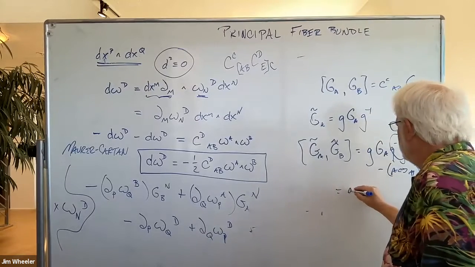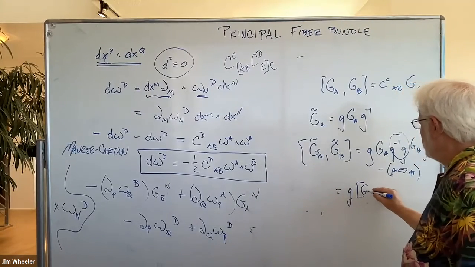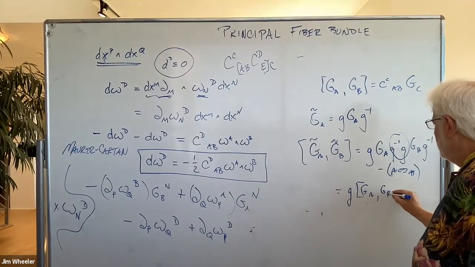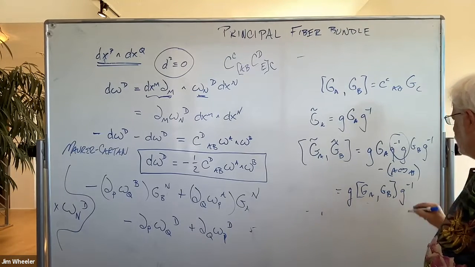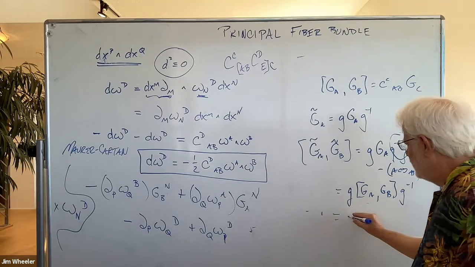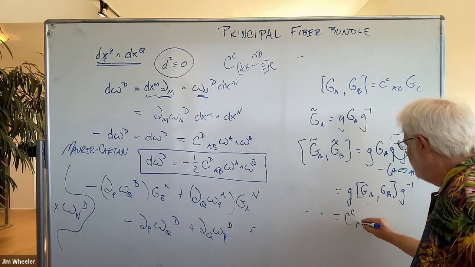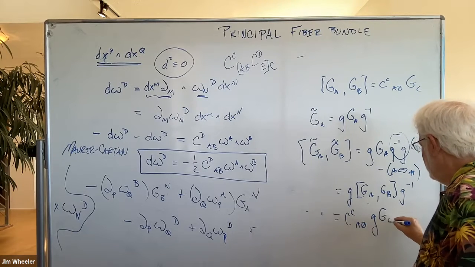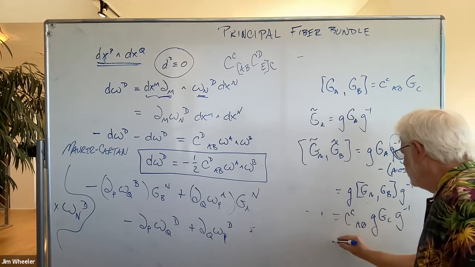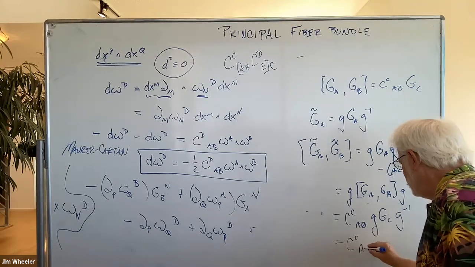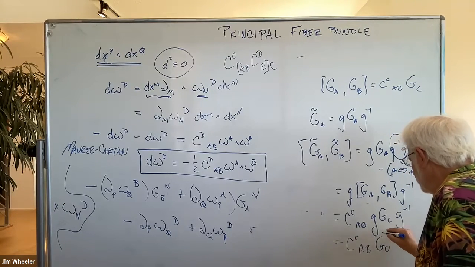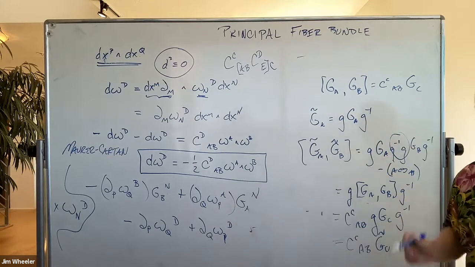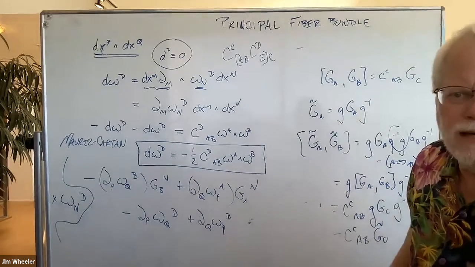So what we get is G times the commutator A, B, G inverse. And we know that that is a structure constant C A B. And we get G, C, G inverse, which is just structure constant C tilde. So the tilted ones satisfy the same bracket relation.